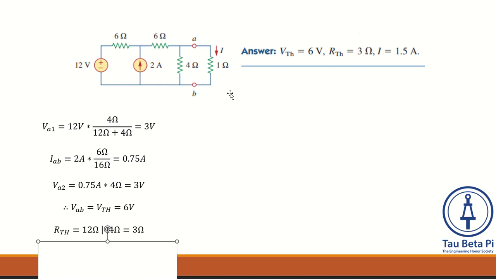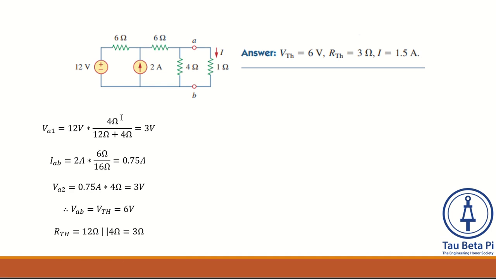And then looking back into A-B terminals for the input impedance, we have that voltage source shorted and the current source open, meaning that we have 4 ohms in parallel with the 6 ohm series to 6 ohm resistor.